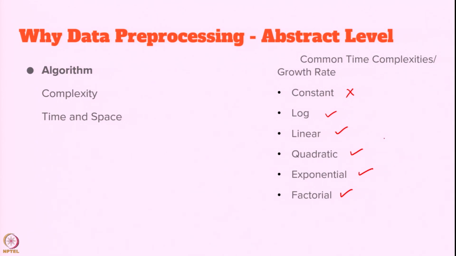Now, even though you can write an algorithm, can I really use this type of data? Can I use data which is very huge for this type of algorithm where I take more time? Say for example, in the quadratic, exponential or factorial case, if you have a huge amount of data, even though you can write an algorithm, can you still solve this?